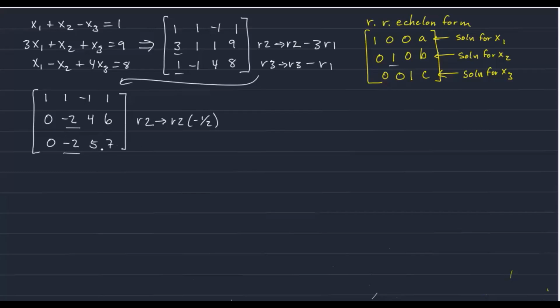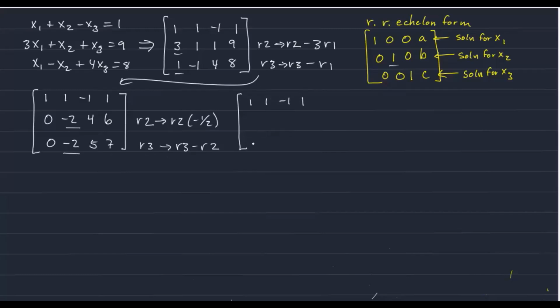To do that, let's take row 3 and subtract the original form of row 2 from it, before we transform row 2.